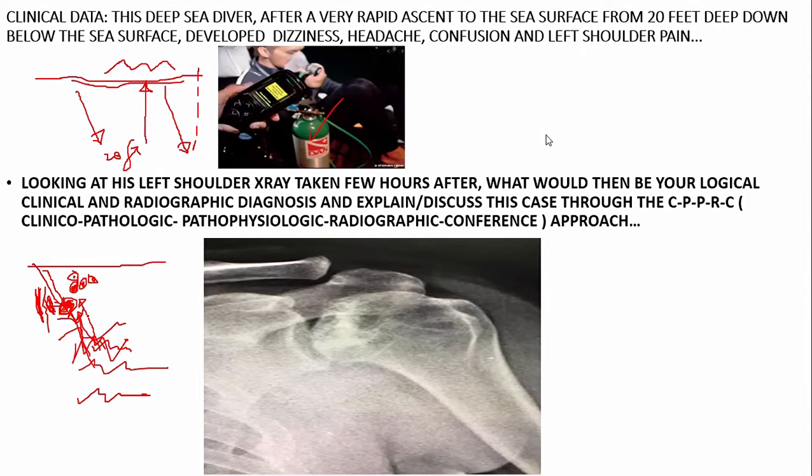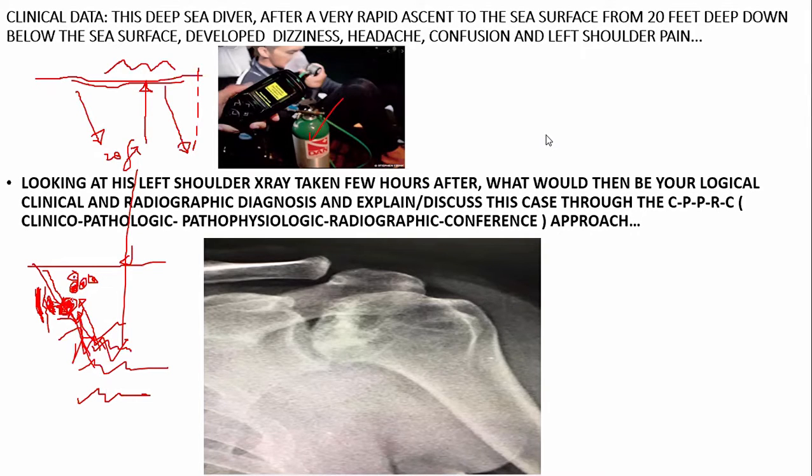So the reason why you have to ascend slowly going to the surface is that you should give time for the gases that went to the capillaries to go back to the alveoli.